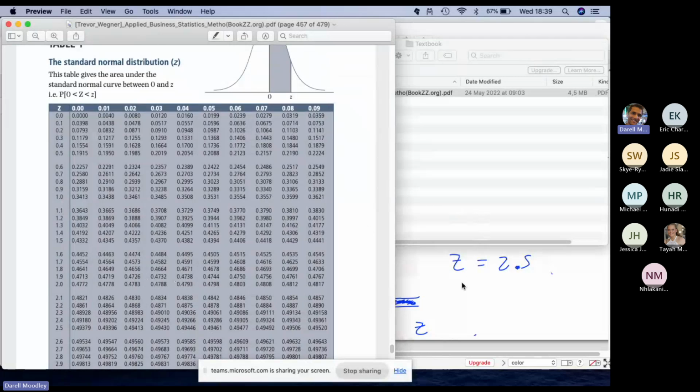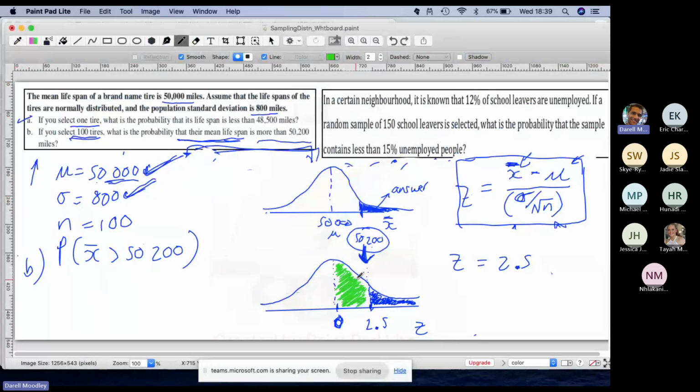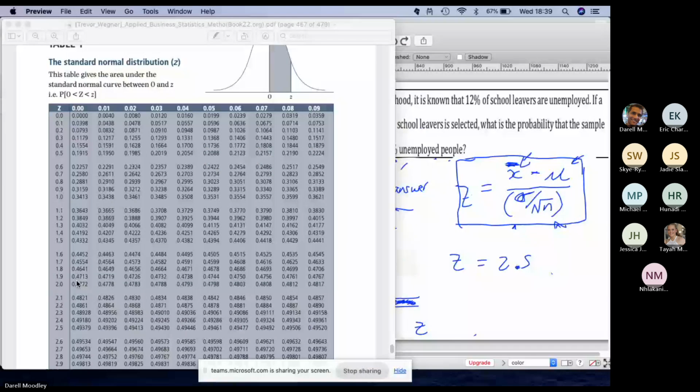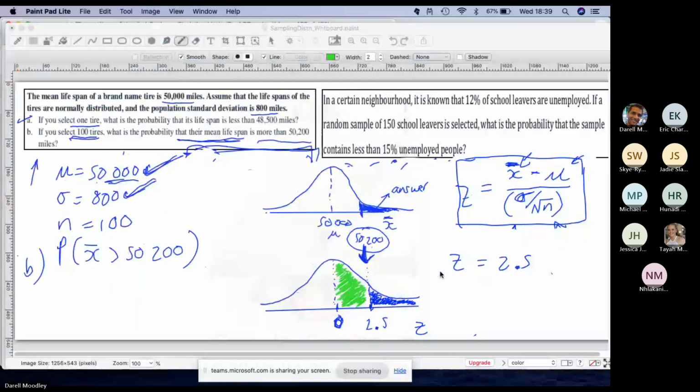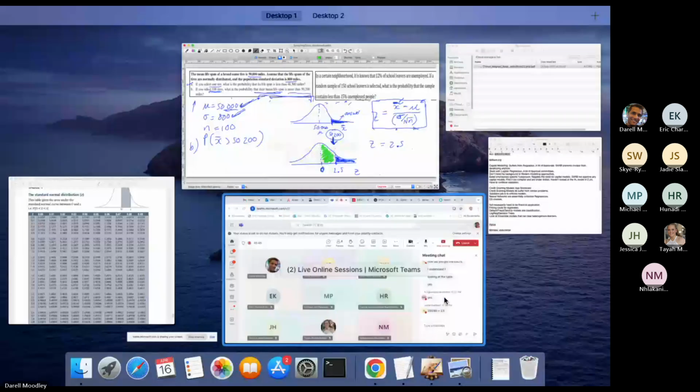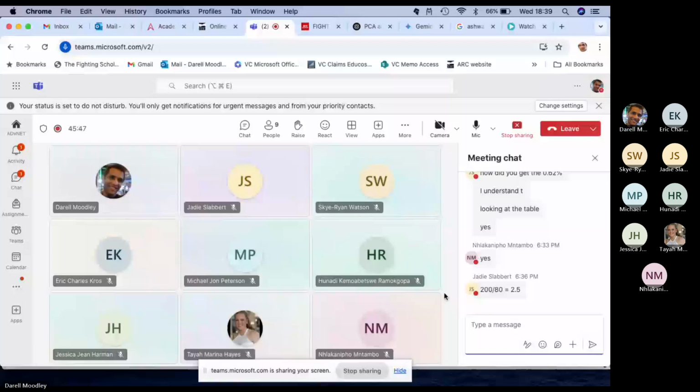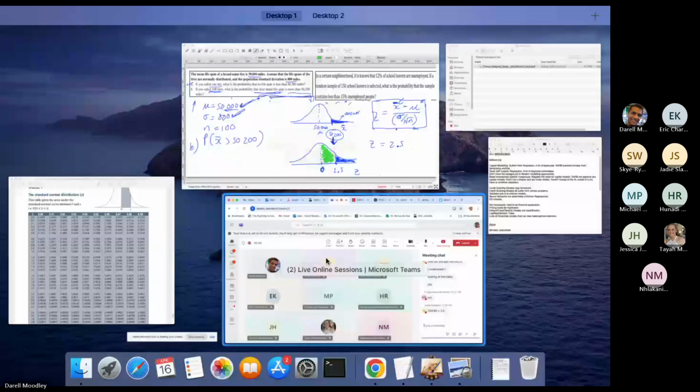So what value do you get in your table? Can you write that in the chat? Because that area that you're giving in the chat, that's going to be the green area. Okay, very good.